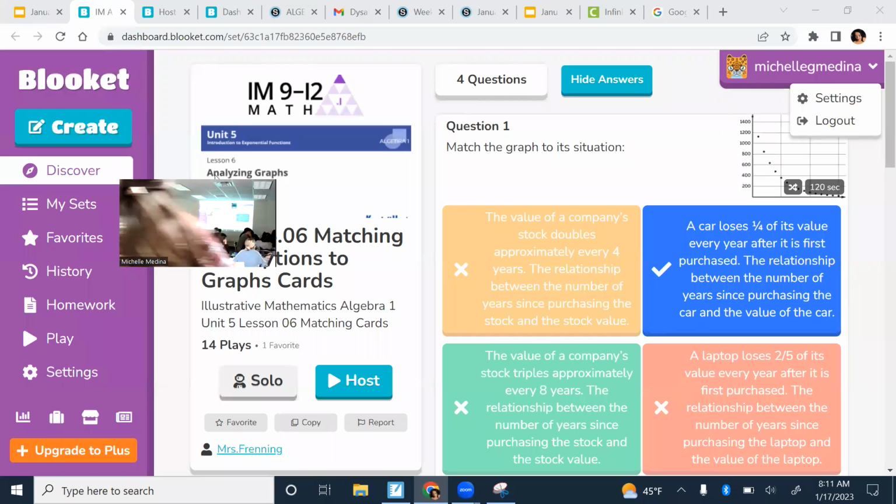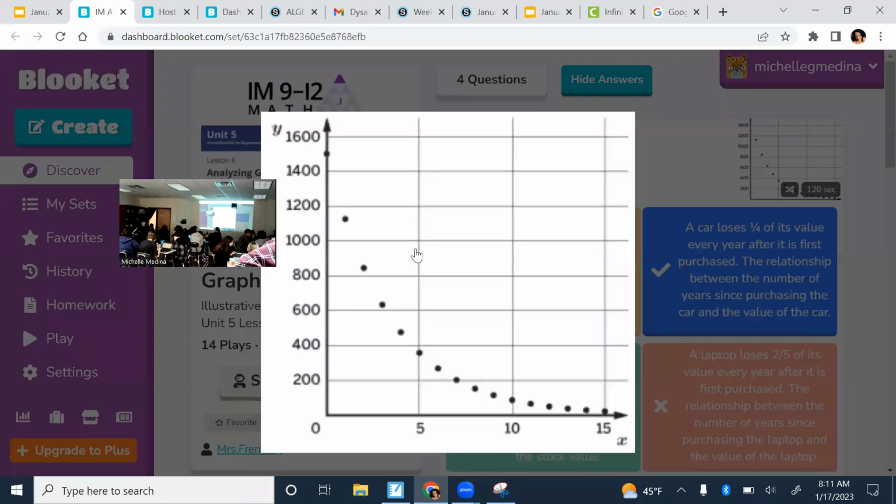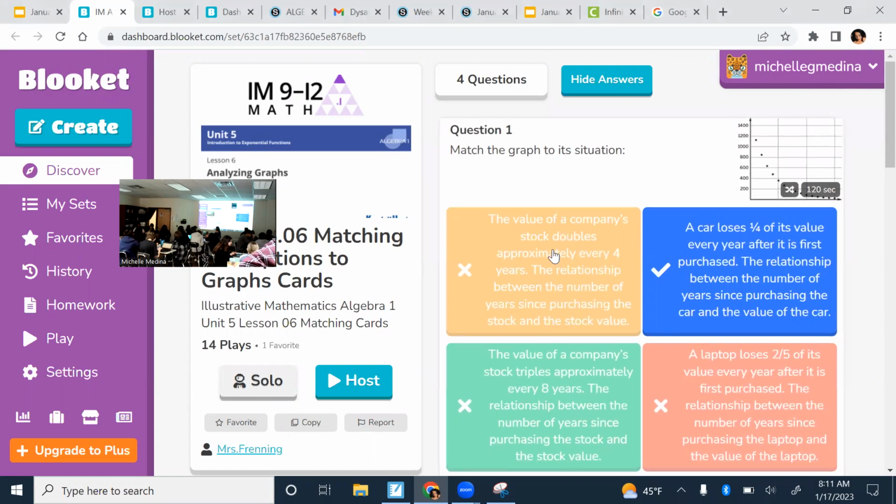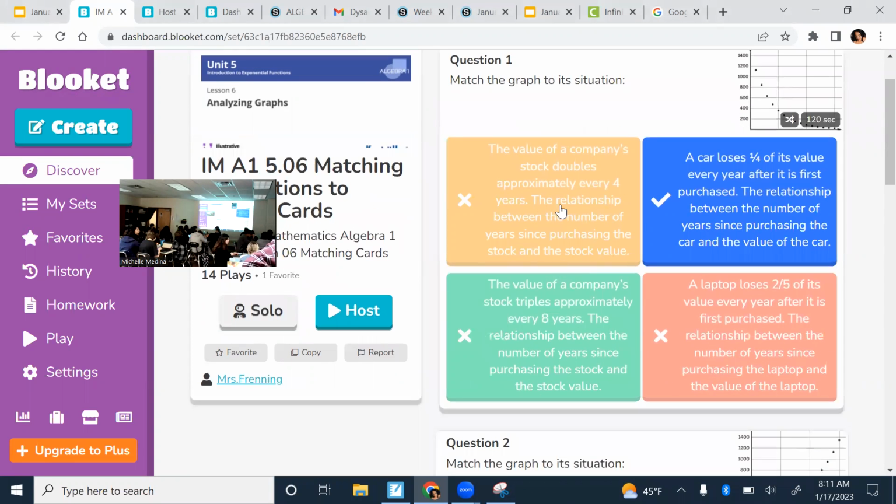All right, so it was only 4 questions, just so you know. It was repeating the same 4 questions, but either way, you could probably tell the difference between growth or decay easily. And then it was just choosing between 2 options. So listen, for this one, growth or decay? Decay. So it's definitely not going to be the yellow one because it's not doubling, it's not increasing.